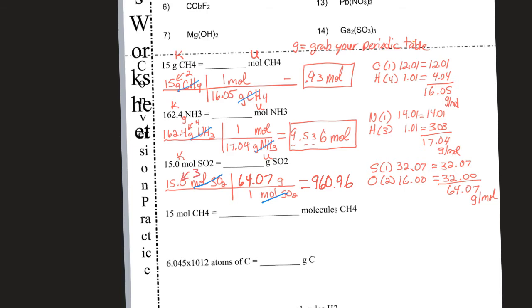This has 3 significant figures, so I need to round my significant figures so that I've got 3 of them. So here's my first one, here's my second one, here's my third one, but it's followed by a 9. 9 is going to cause that 0 to go up by 1. So I'm going to erase this and make that a 1, rounding up. And my unit is going to be grams. I put a box around it so it's pretty.